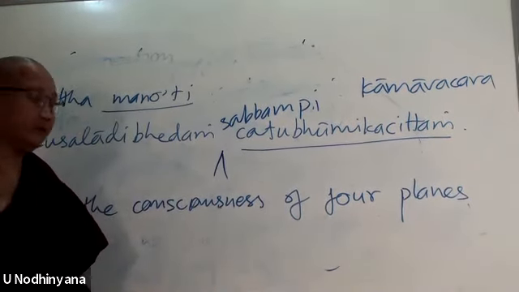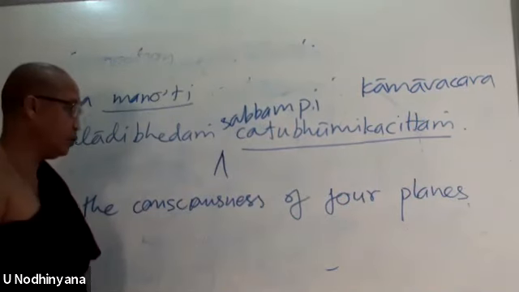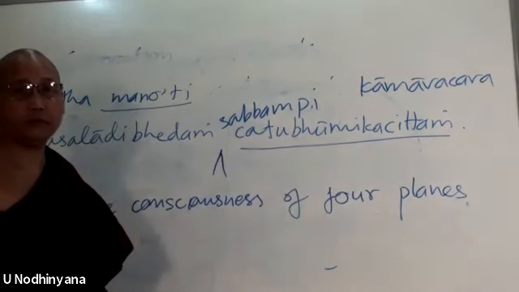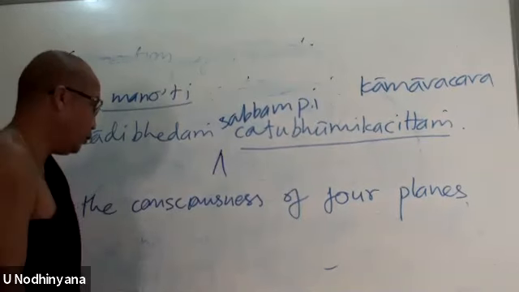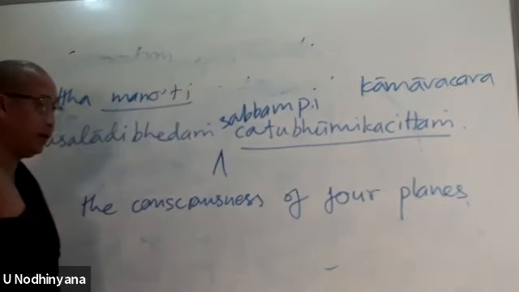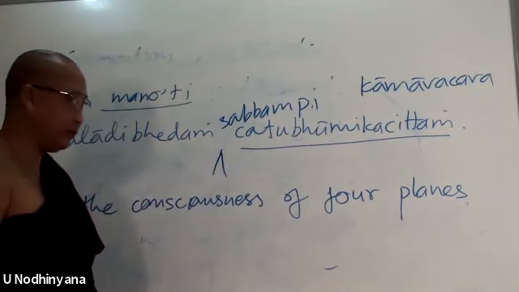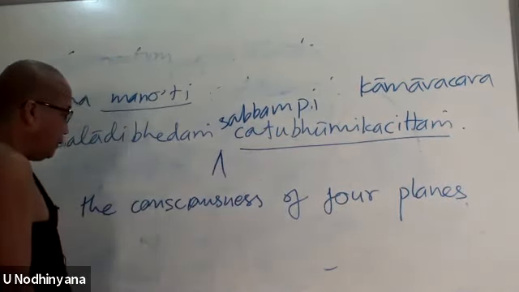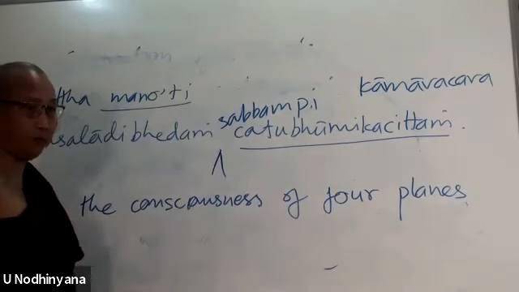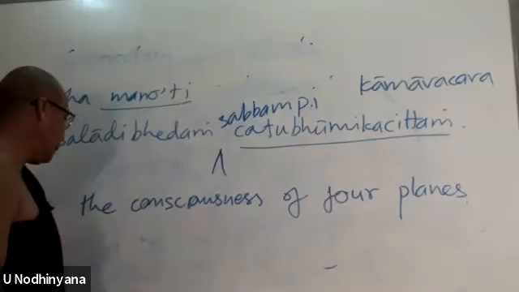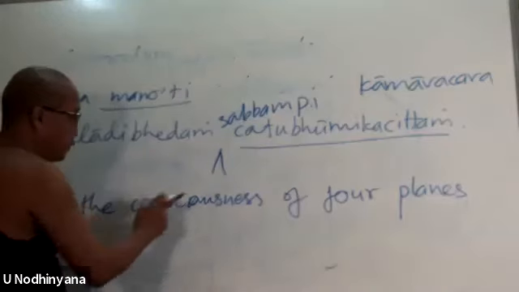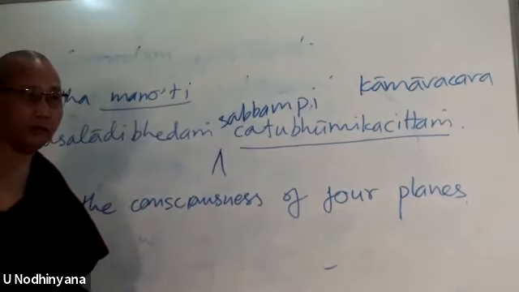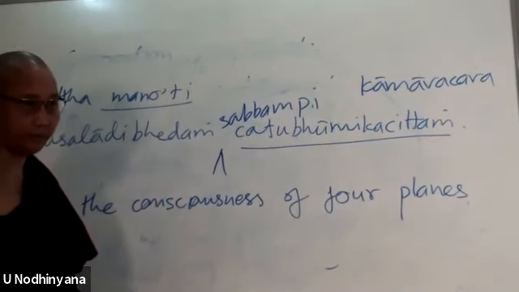In the sensual world, in the material, immaterial. So in those worlds, the kama, rupa, arupa, the consciousness which happens in the four planes is called chatu bhumika chaita. Mano is chatu bhumika chaita.